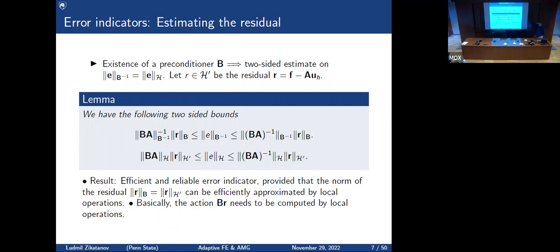So what needs to be computed locally, in order to make this practical, is the H prime norm of the residual, okay? The H prime norm of the residual is just BR, R. So if you know how to compute the action of B locally, you have an error estimator. Okay, and it is reliable and robust. The constants, again, are the constants that come from the solvability of the original problem, which, as I said, you are not allowed to change.